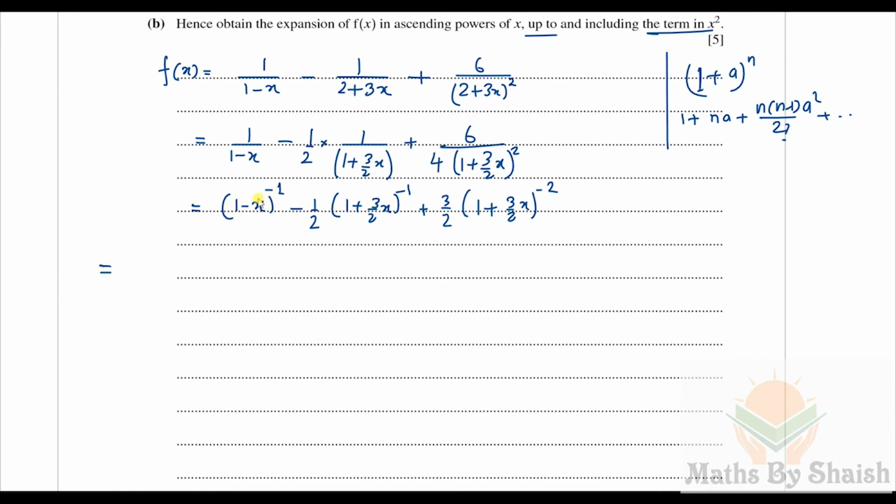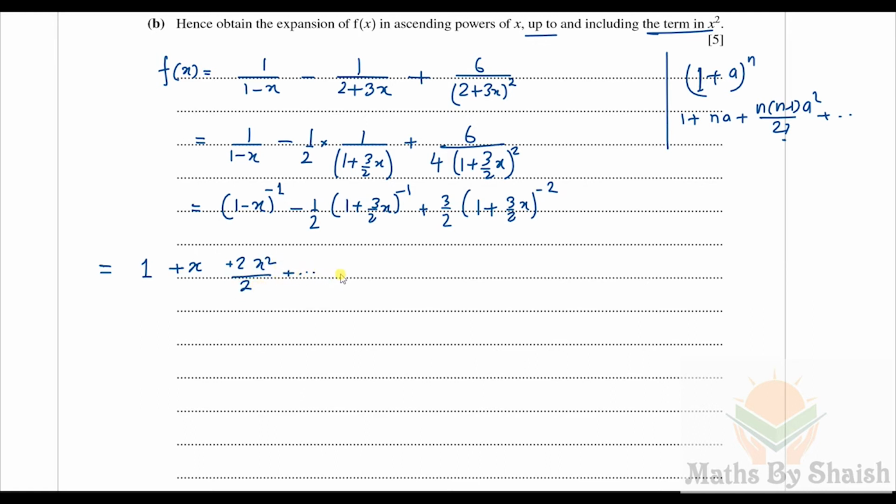We will take a as minus x, so we will get 1 plus n times a, that is minus 1 into minus x, that is plus x, and plus minus 1 into minus 1 minus 1, so it becomes plus 2, and into (minus x) square, that is x square, divided by 2 factorial, and so on.